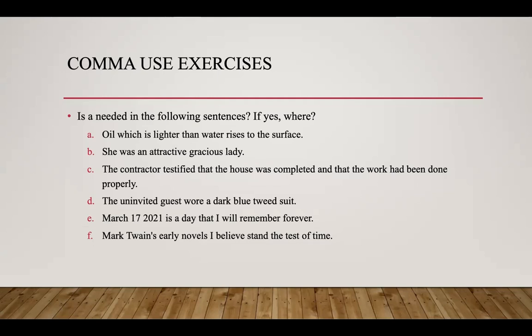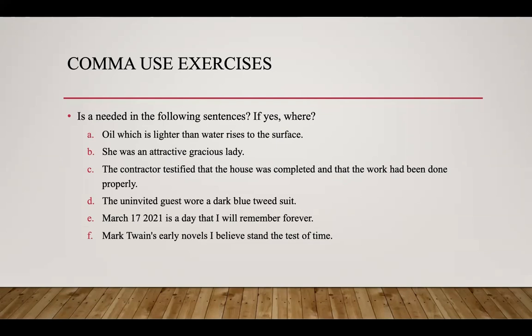There is also an answer saying after the word dark. Well, I'm really sorry to disappoint you, but we don't need any commas in here. A dark blue is just an adjective to the tweed, which is the material from which the suit is made.